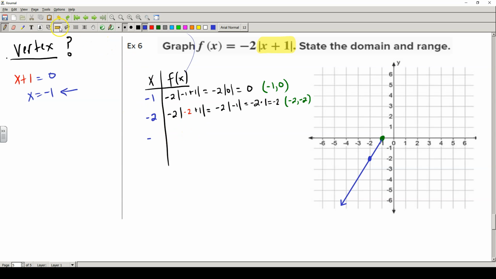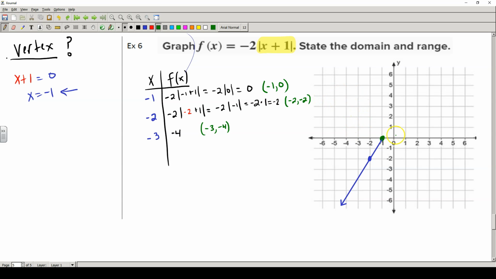You don't need to. But if you plugged in -3, what do you get? You would get -2 times the absolute value of -2, which is -2 times 2, which is -4, right? If we did that, you would get -4, and the point that we would get is -3, comma, -4. Well, we already know it's going to be -4 because I just drew the line. -3 does go to -4, and we have it. Okay.